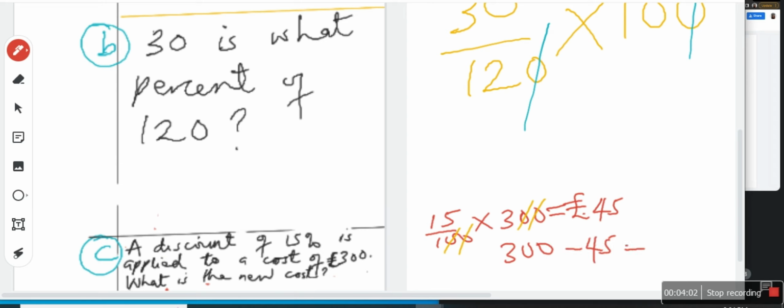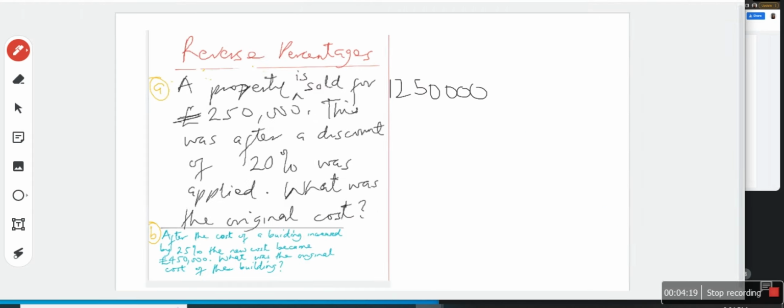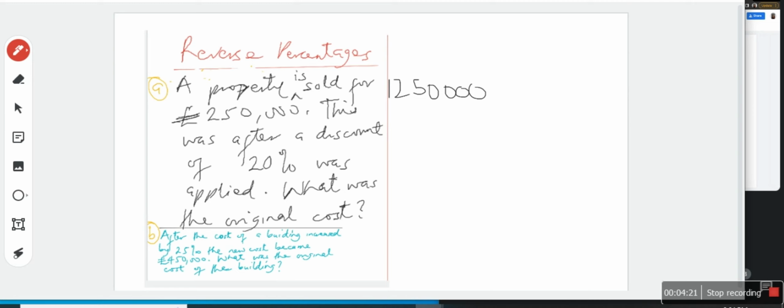What did you get? New cost is now equal to 300 minus 45. 255, you said? £255. All right.